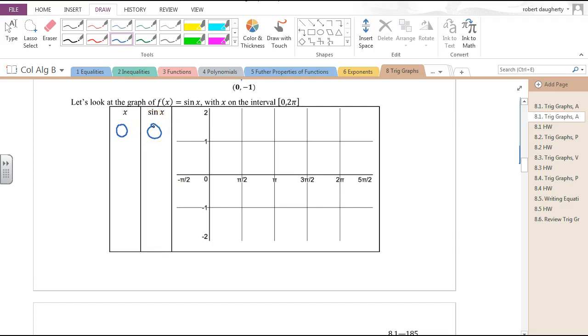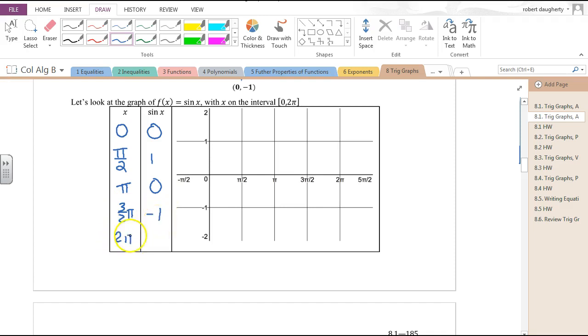Now the next spot I'm going to go to in the unit circle is pi over 2. At pi over 2, what is the y value? Did someone say it? 1. Okay. Now I'm going to go to pi. At pi on the unit circle, what is the y value? 0. Okay. At 3/2 pi, what is the y value? -1.